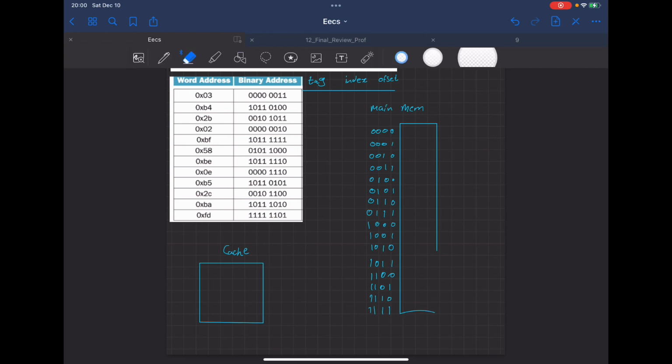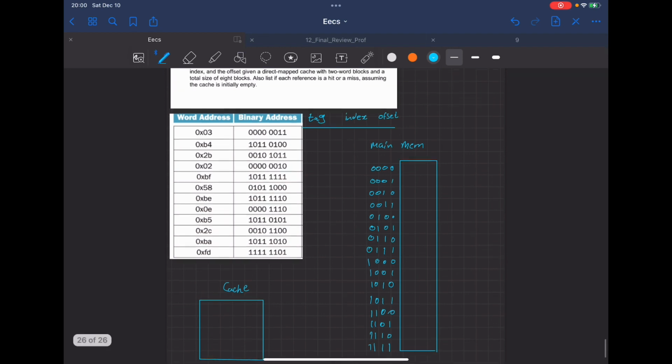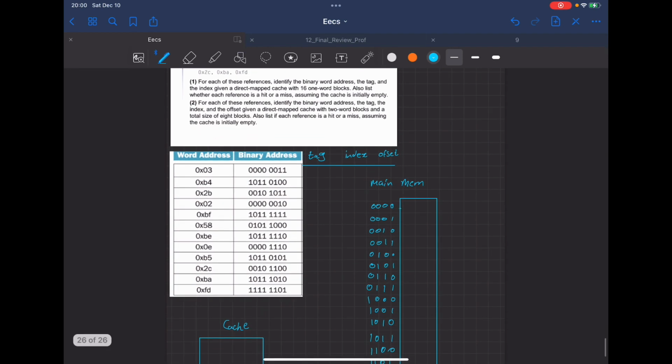Next, it says there's 2 words per block. So if it was for the first one, each of these has its own index, right? So if it was one block, each of these would have its own index, okay? And it would go all the way down. But because it's 2 word, there's going to be 2 of them per block, okay?